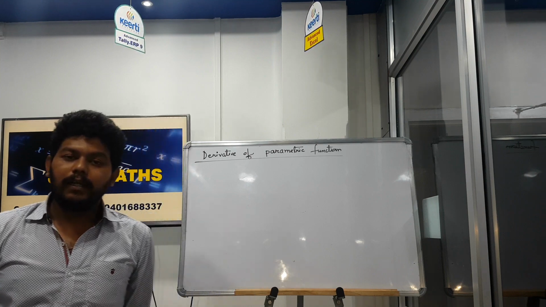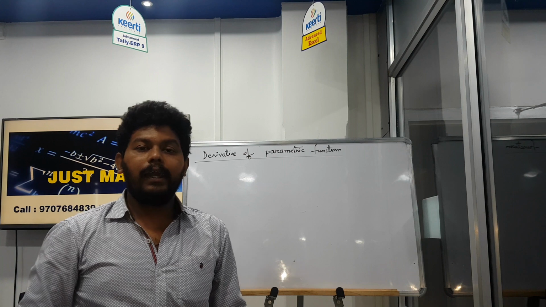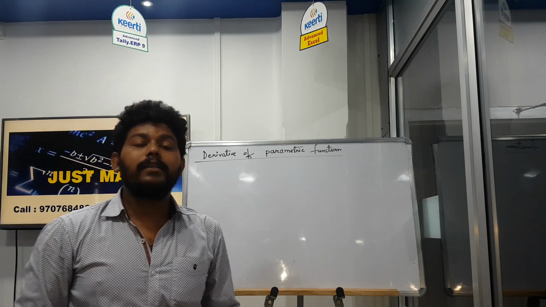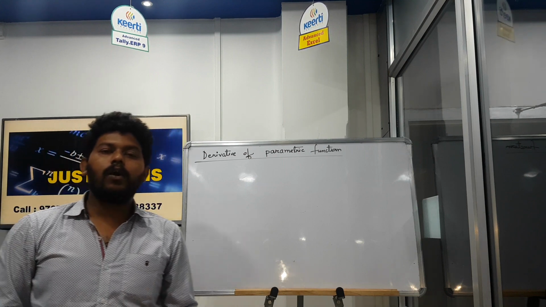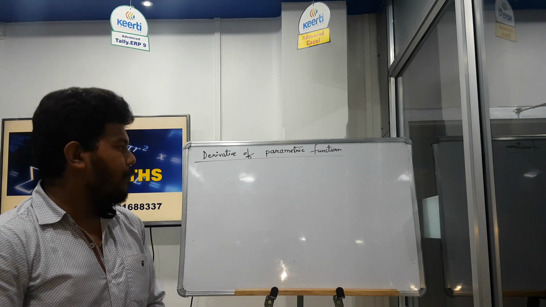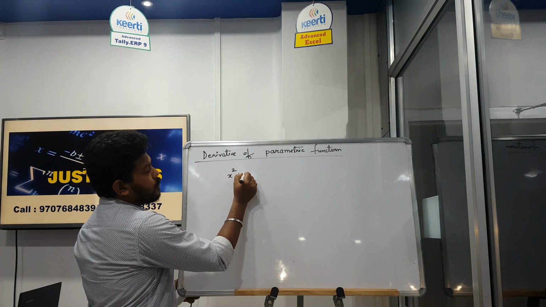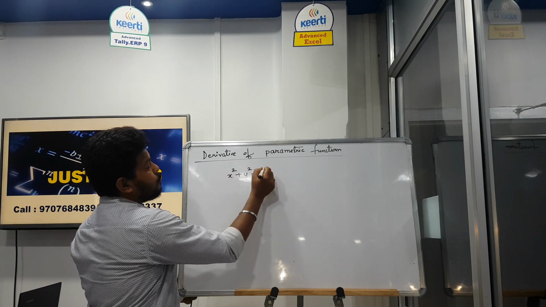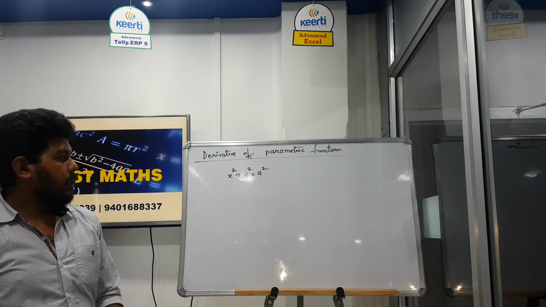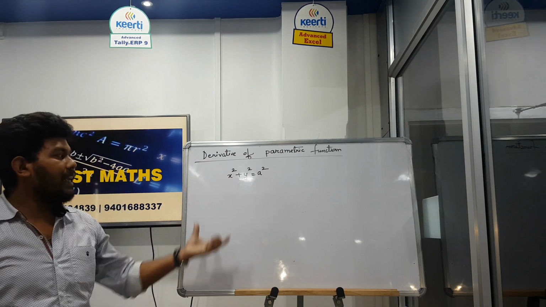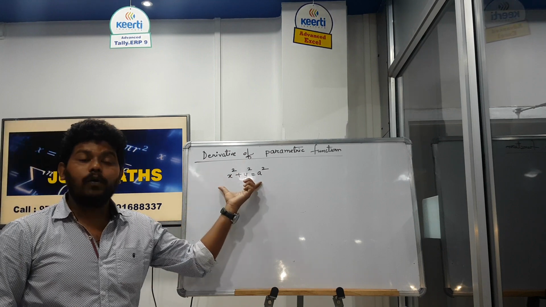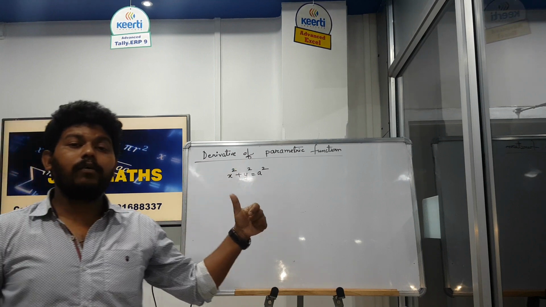But sometimes x and y are in relation in terms of a third variable, which is called a parameter. For example, if you are given a circle, x square plus y square is equal to a square, small a square. You can understand from class 11's topic, this is called circle with center at origin and radius a.